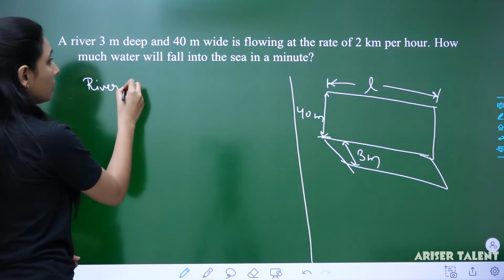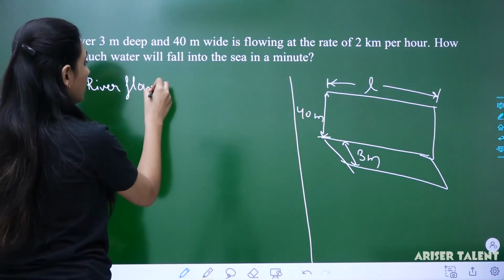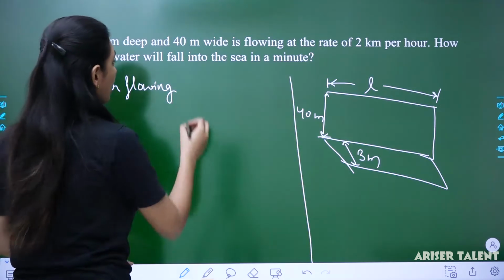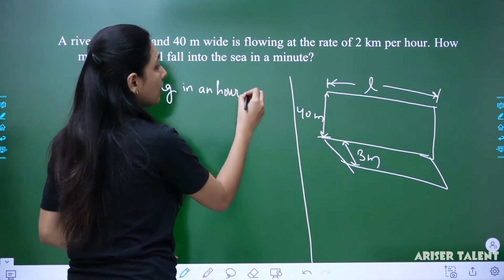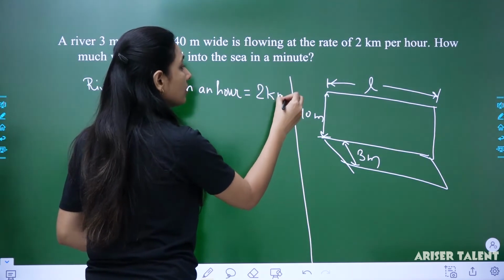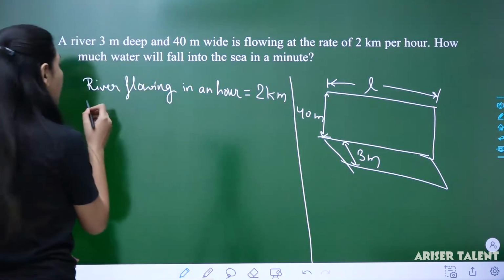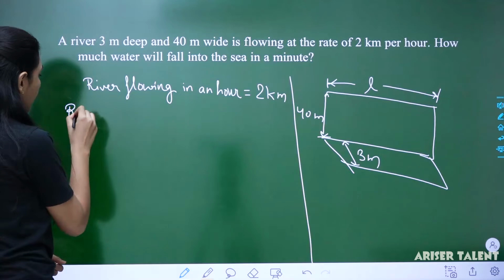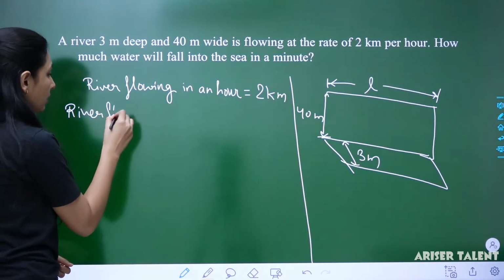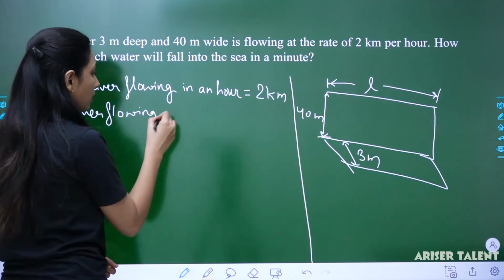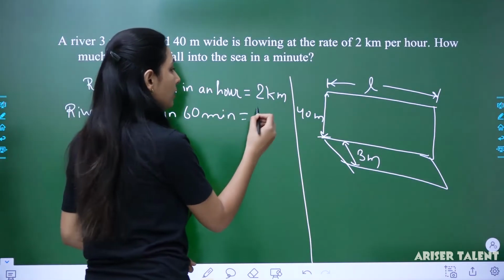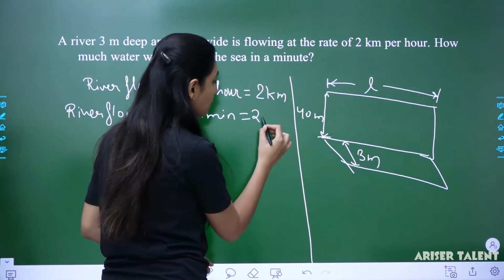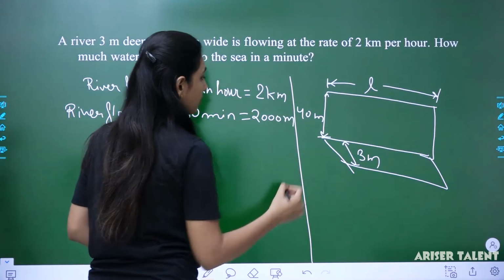Now it's saying the river flows in an hour equal to 2 kilometers. Okay, that means the river flowing in 60 minutes will be equal to 2 kilometers, that is 2000 meters.